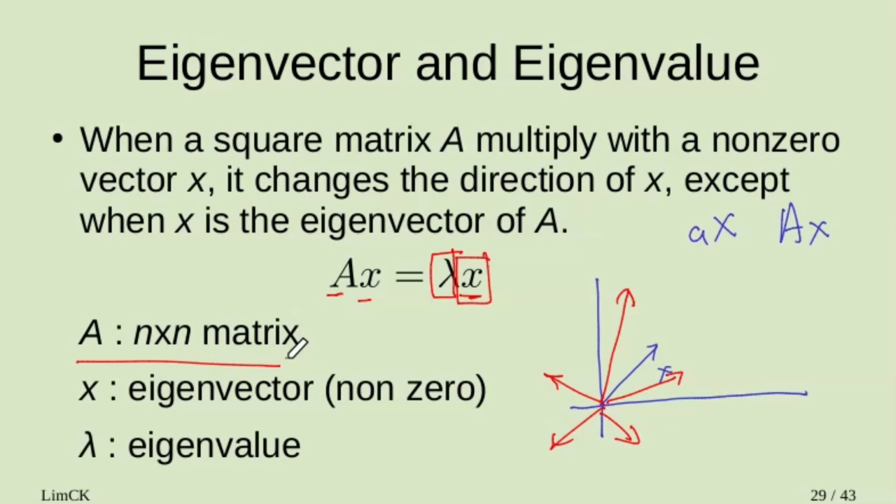And of course the eigenvector here is a non-zero vector. x should be non-zero, because when it is zero, everything is zero, which is not something very significant, right? So x must be a non-zero vector.